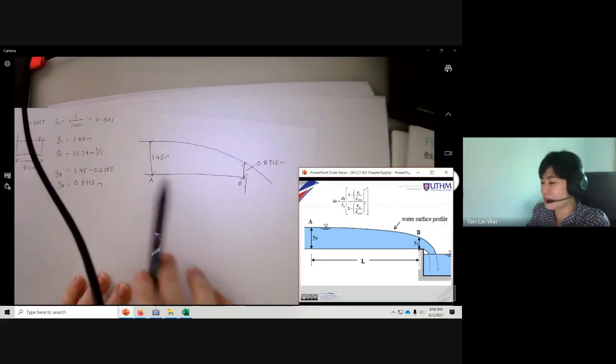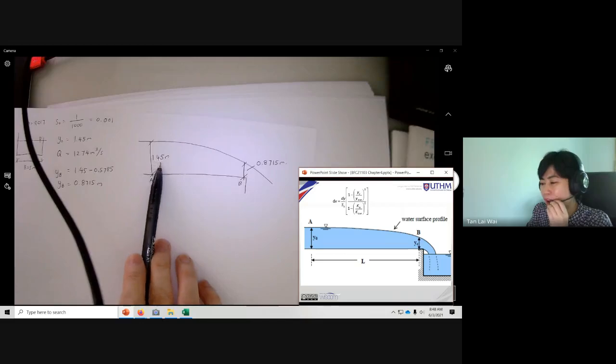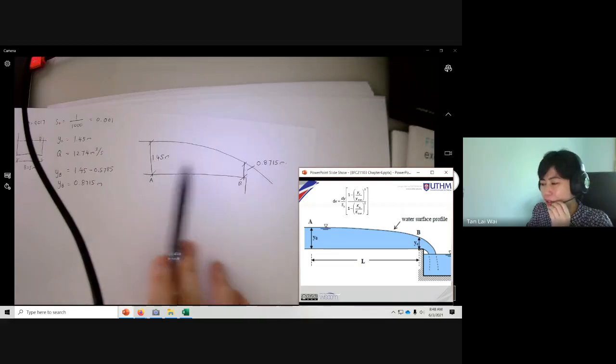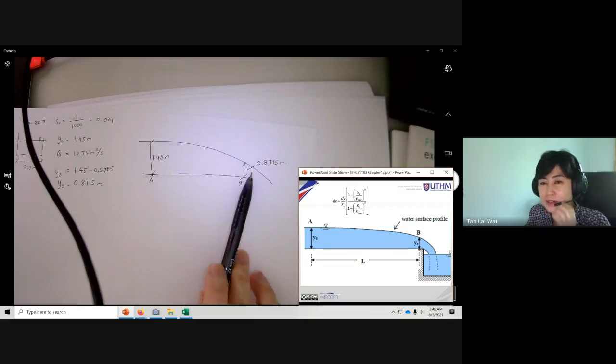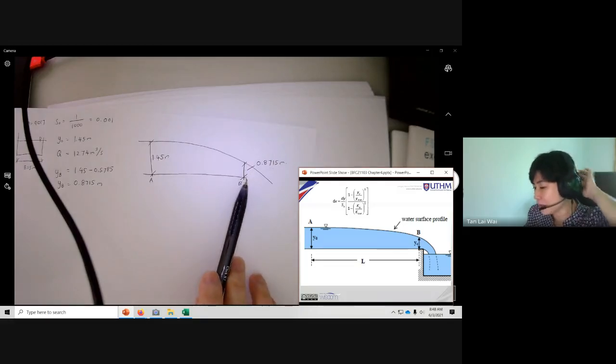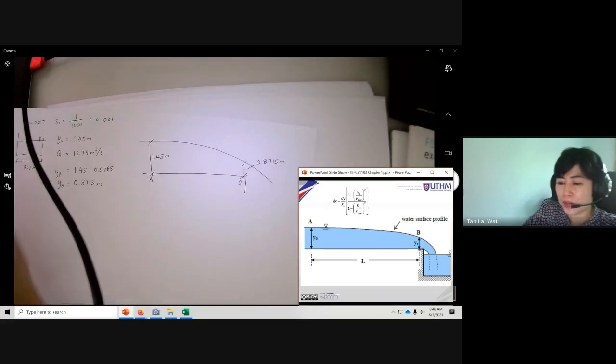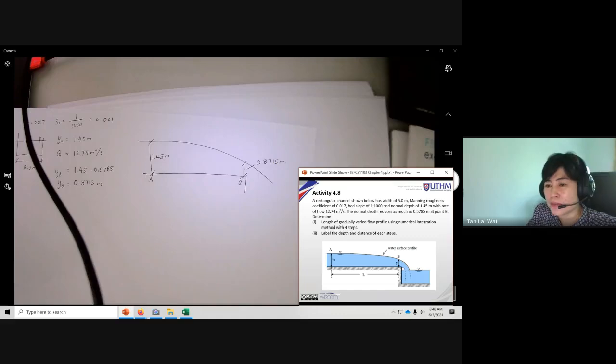So from 1.45 it is going to reduce to 0.8715, so there is a decrease in that. Now, what else are the information that we have here? Now the question says length of gradually varied flow.